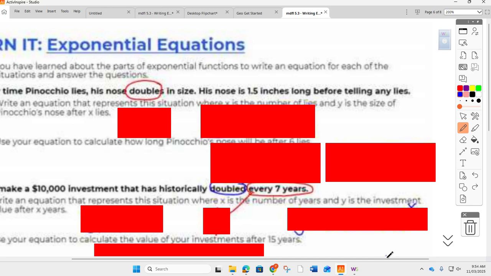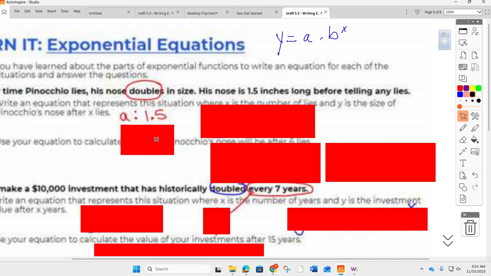Brooke, can you write the equation, the exponential function for us? So this is the format: y equals the initial value times the growth rate to the x power. That's the start, yeah. So the start is 1.5.